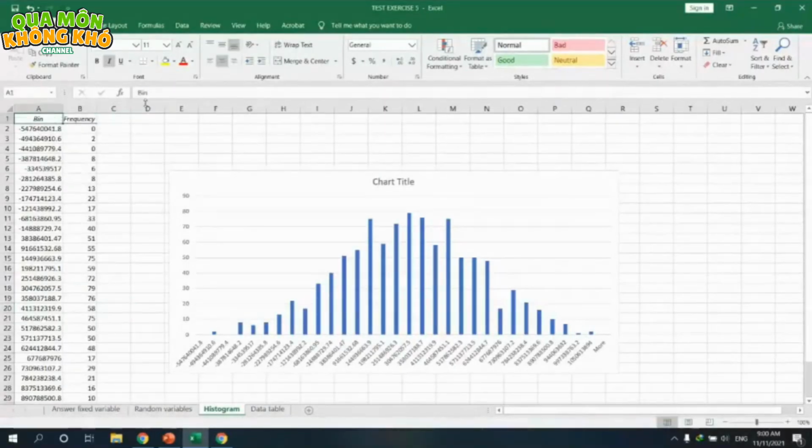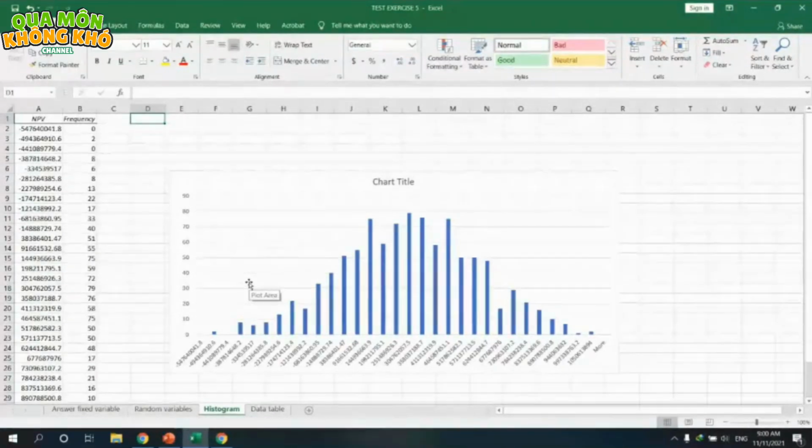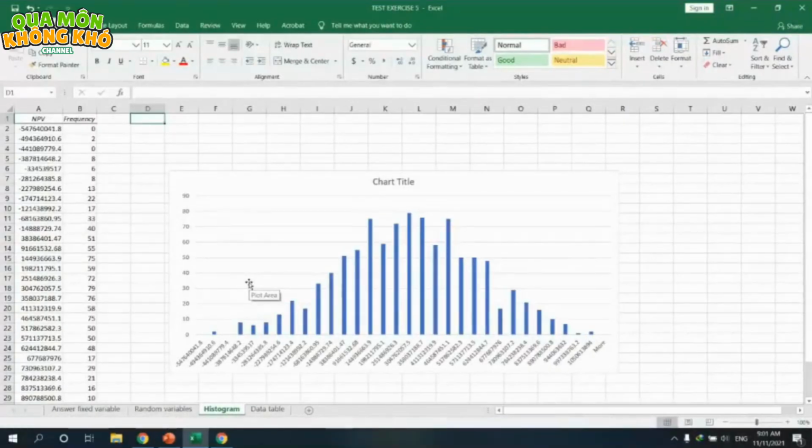Every case we have one NPV. If we change the input, the random variable, that will change your objective, the NPV, and we collect 1,000 or maybe 1 million NPV and present those NPV in the histogram.